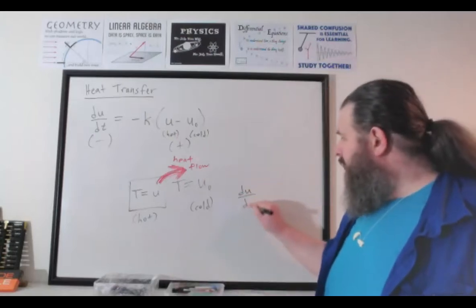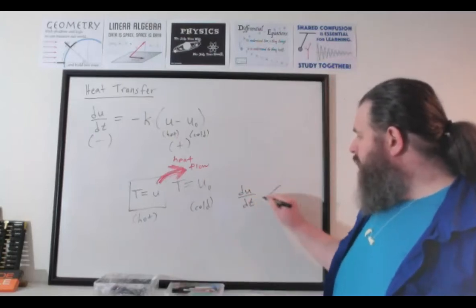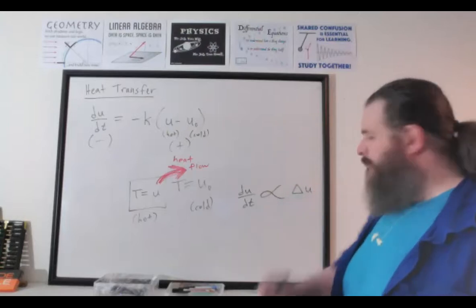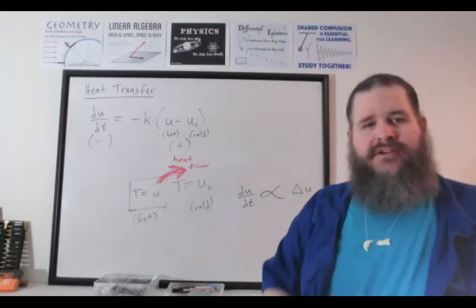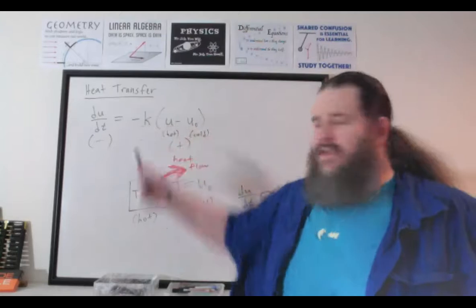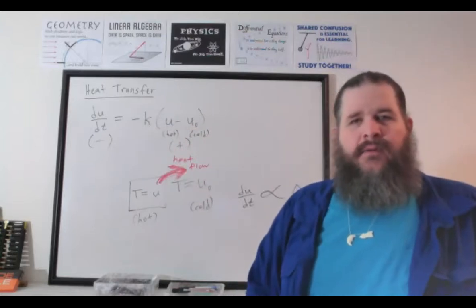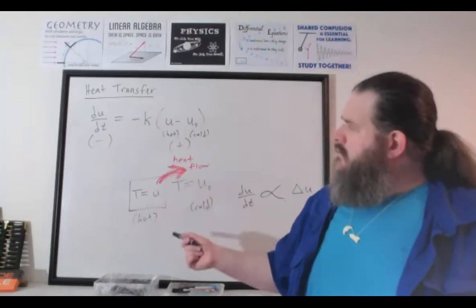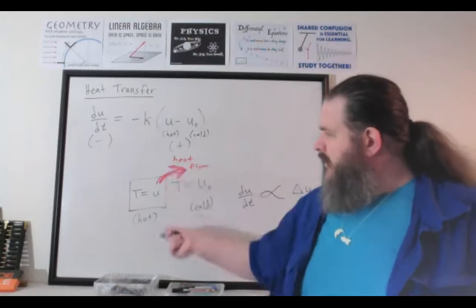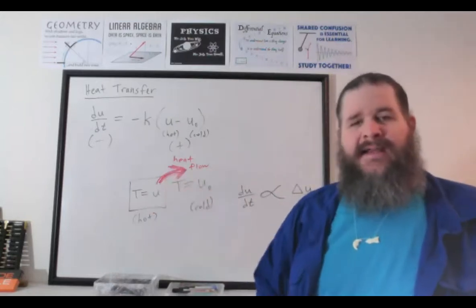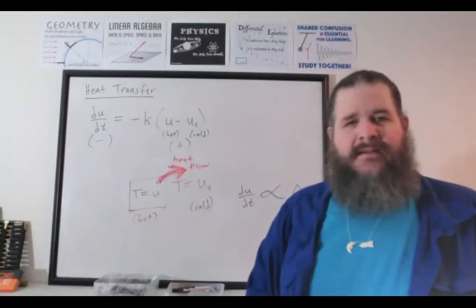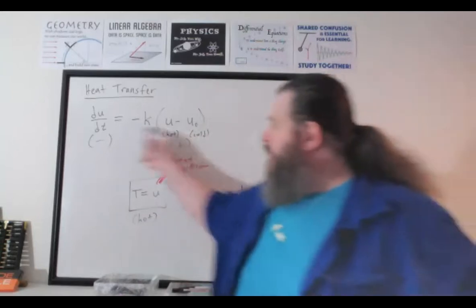The derivative of temperature with respect to time is proportional to the difference in temperature. And then K is just a constant of proportionality, which represents things like the mass of the object, the surface area, the material it's made of, any insulation, stuff like that, all just summed up as one constant of proportionality.